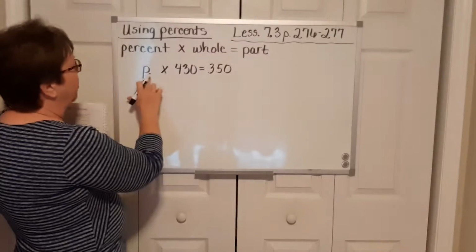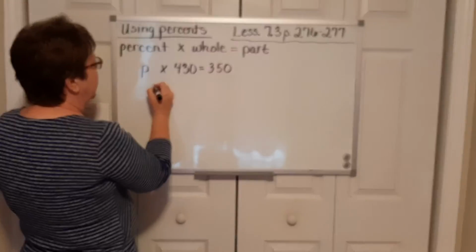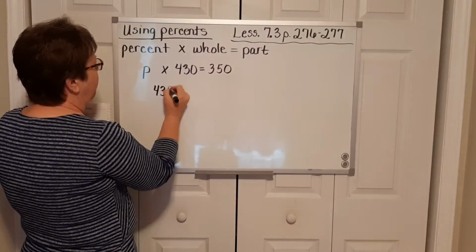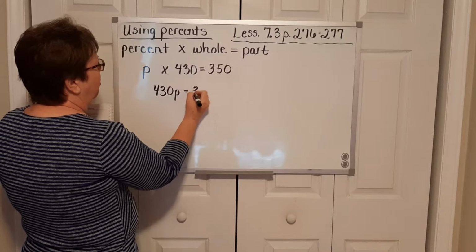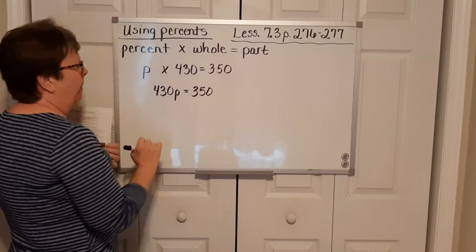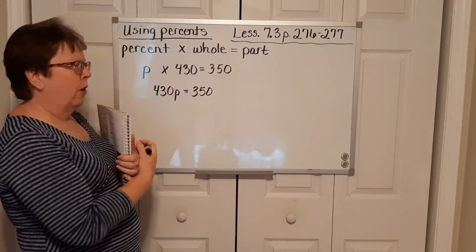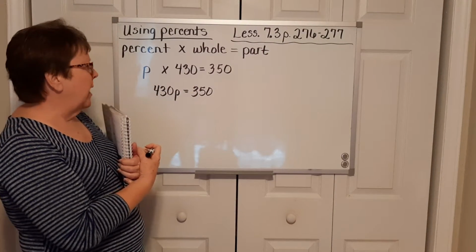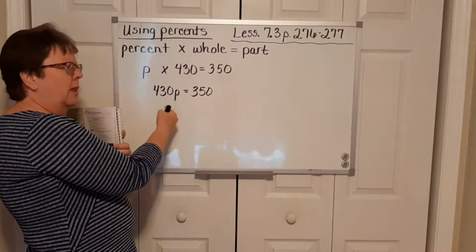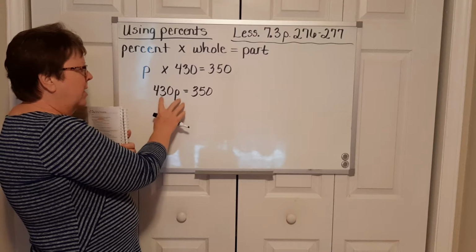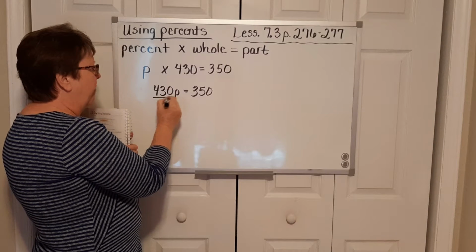Now remember, P times 430 means this: 430P equals 350. This means the same thing as P times 430. What we've learned in algebra is our goal is to get our variable by itself. Since this is multiplied, you're going to have to divide.